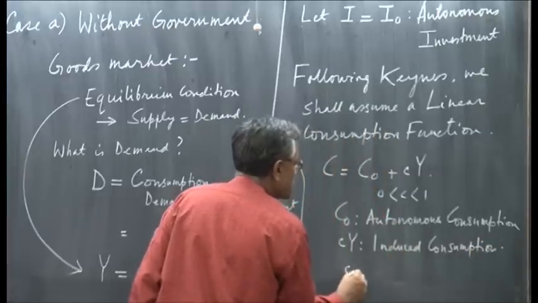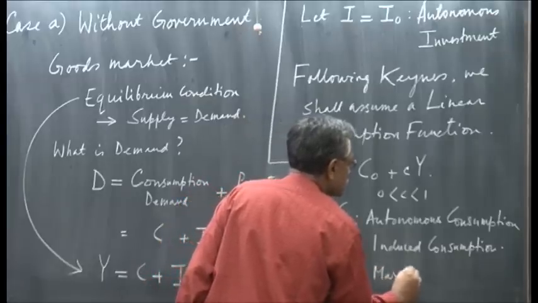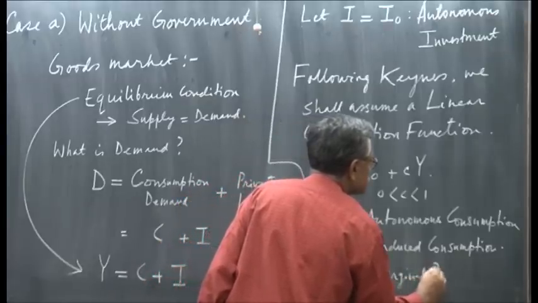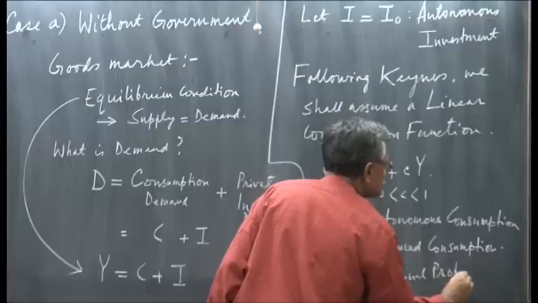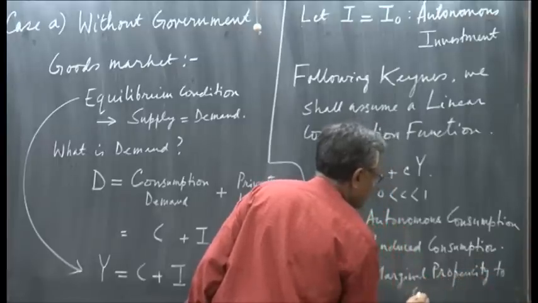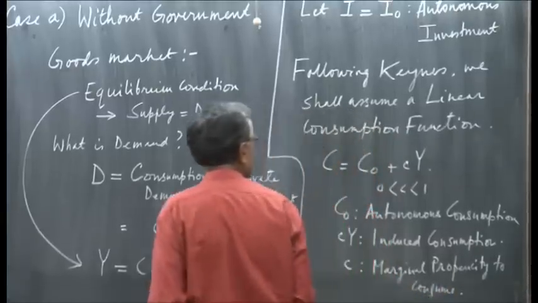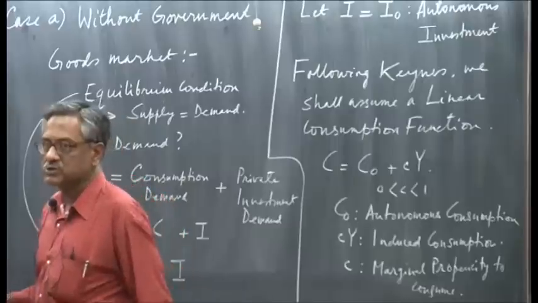And small c is known as the marginal propensity to consume.